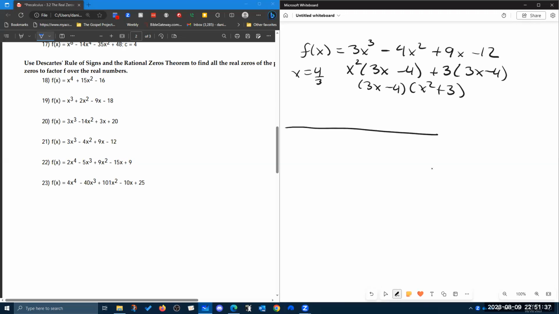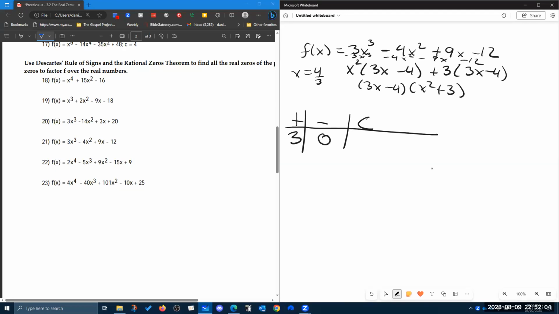So when I do Descartes' rule of signs, this is just what my answer is going to be there. But let's do it the other way that the teacher instructed us. So sign change, sign change, sign change. That's 3 sign changes. This is a -3x cubed minus 4x squared minus 9x minus 12.